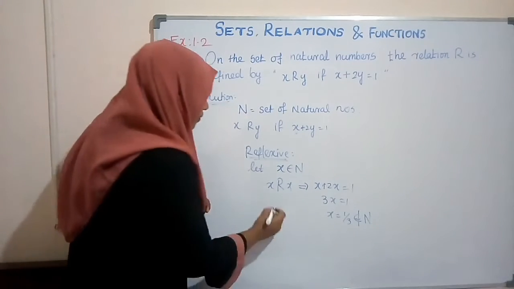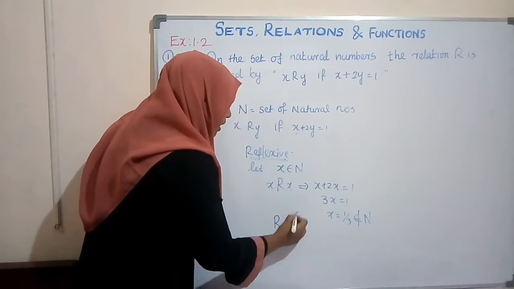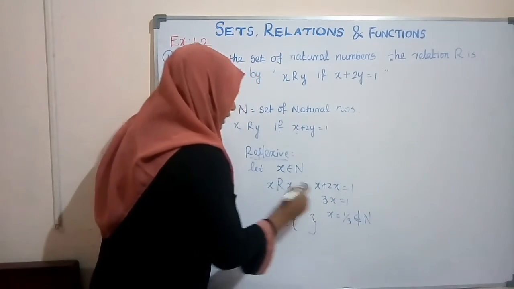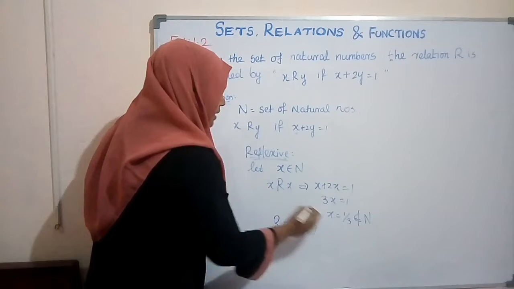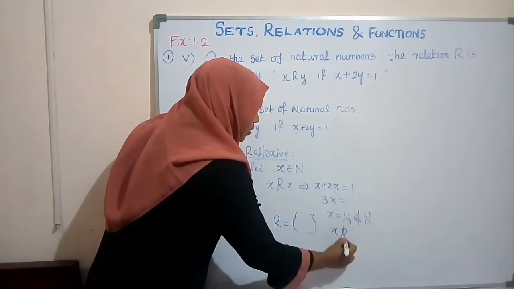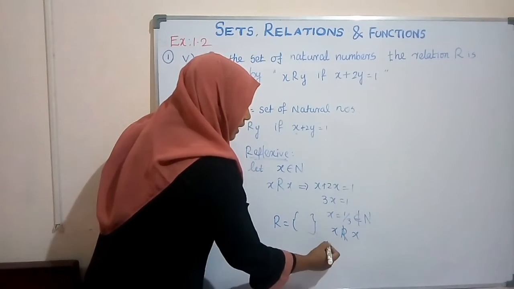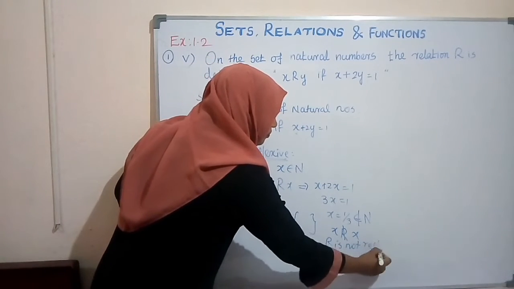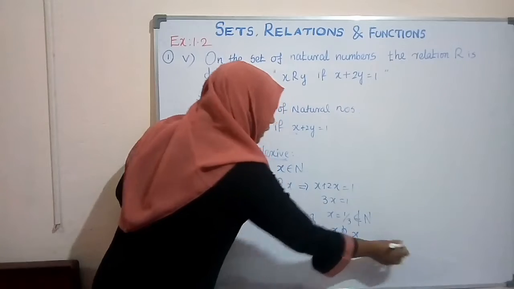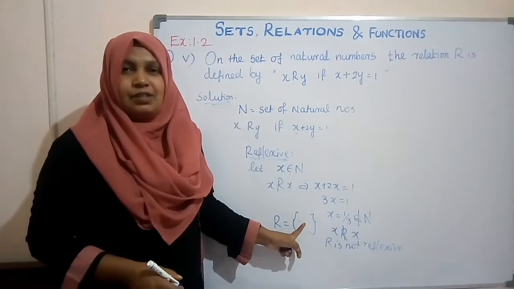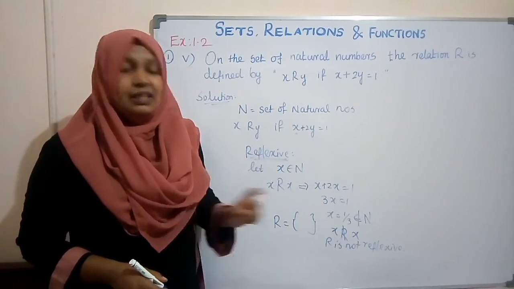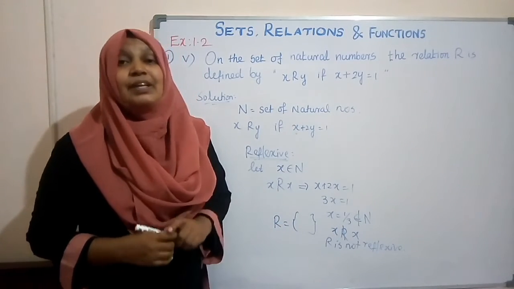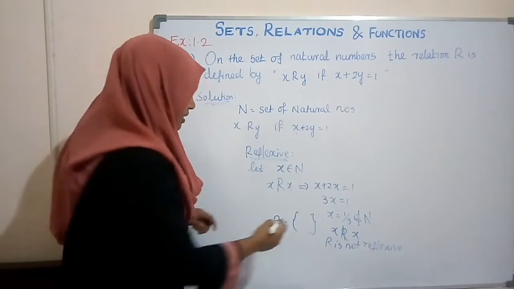Okay. So therefore, here we can write R is an empty set. And here x is not related to x. And R is not reflexive. And R is an empty set. So already we learnt, if it is an empty set, directly we can write it is symmetric and transitive.